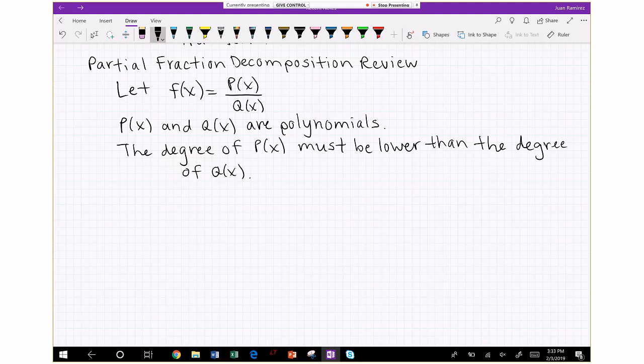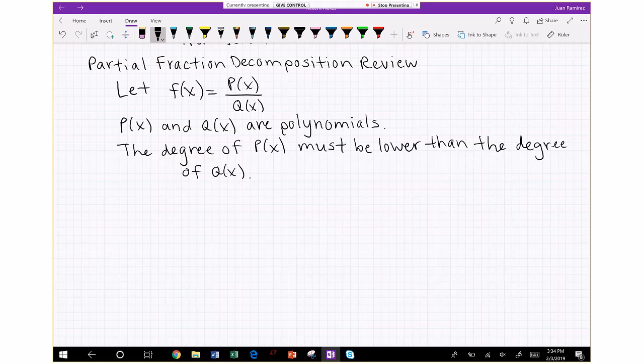That means that if you were to do long division, your answer would simply be a fraction. Otherwise, if the degree of p of x and the degree of q of x were equal, or if the degree of p of x was greater than the degree of q of x, when you did long division, you'd end up with an answer and a remainder.